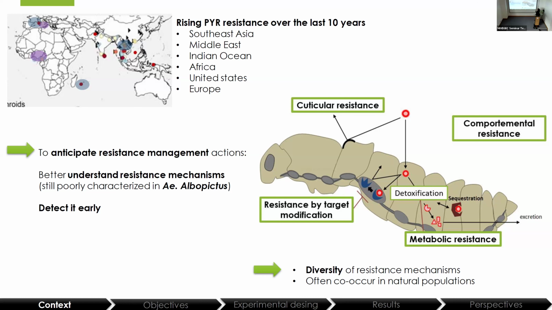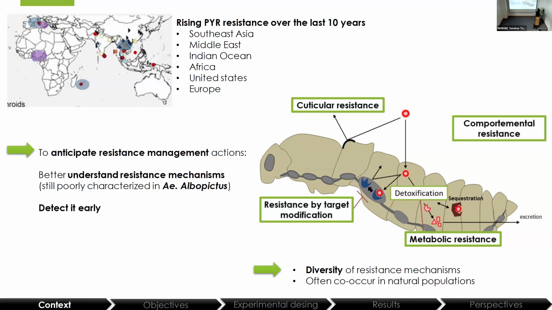And you have also target resistance by target modification, which consists in a conformational modification of the target of the insecticide, which impairs the binding of the insecticide to its target.